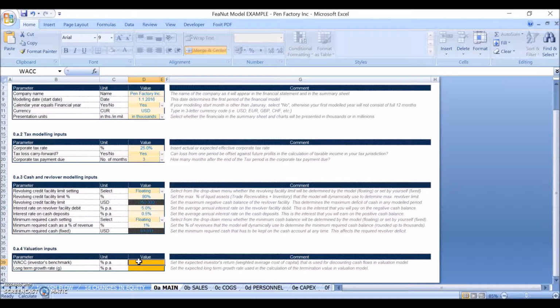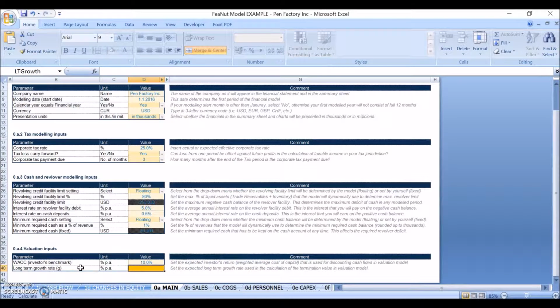The valuation model that we use in here is based on the discounted cash flow approach, and I will speak about that specifically in another video. But for now, just remember that the assumption that you should populate in here should be your required return on investment. So let's say we will use 10% in here.